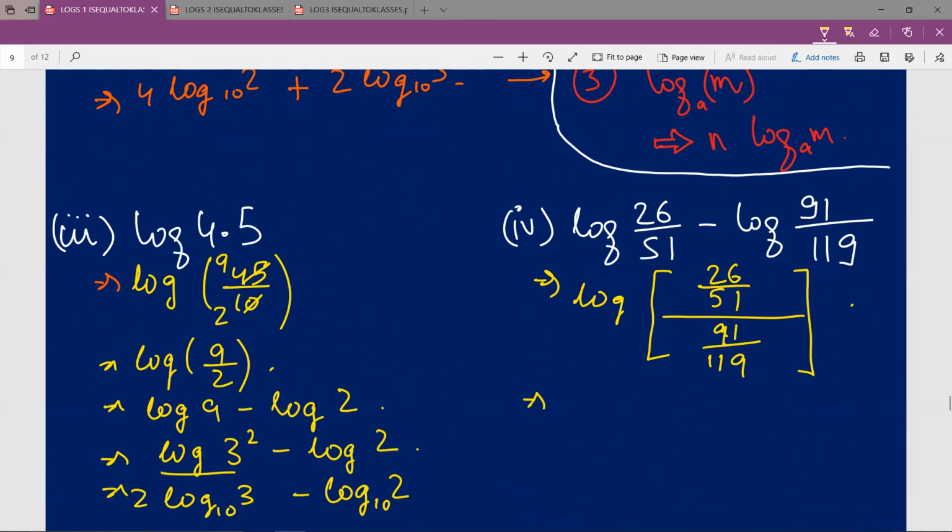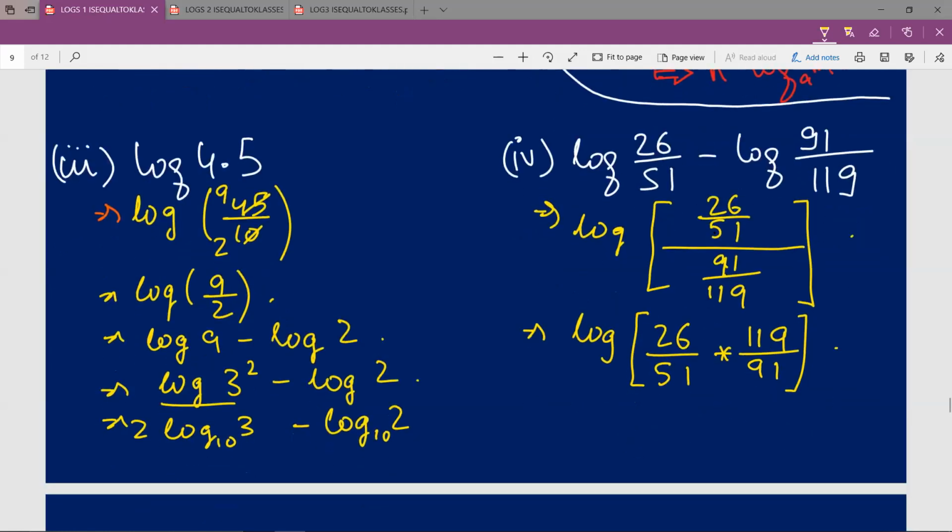Then furthermore, I could write this as log of 26 divided by 51 into 119 divided by 91. So this is how I would write it after this equation here. And then we will start dividing it by each other.